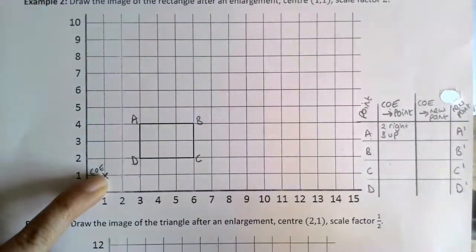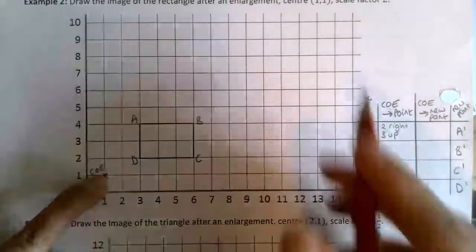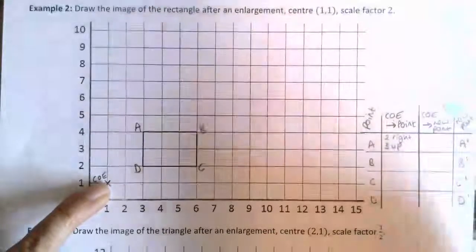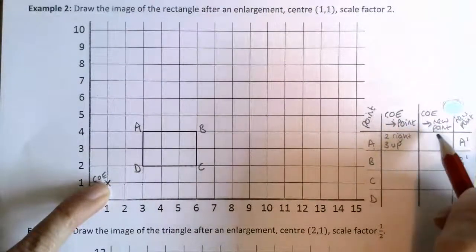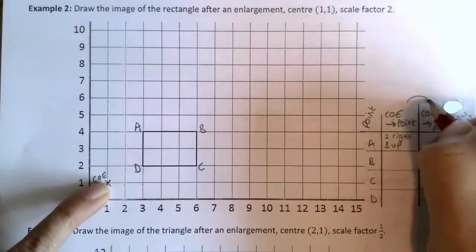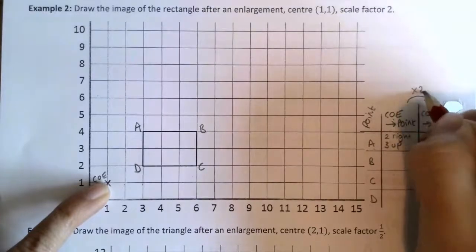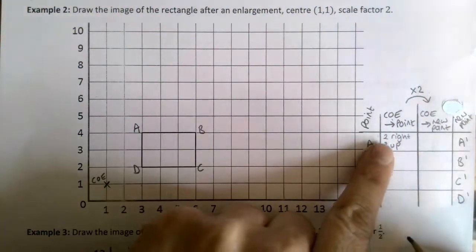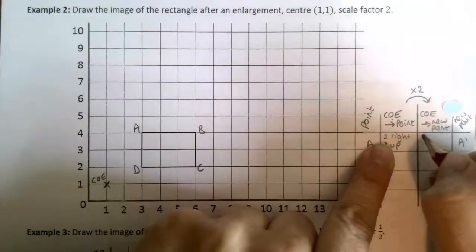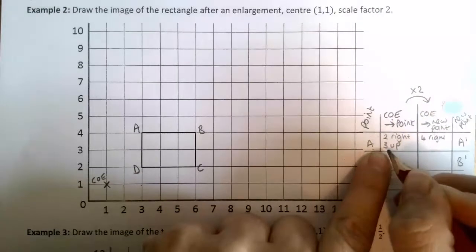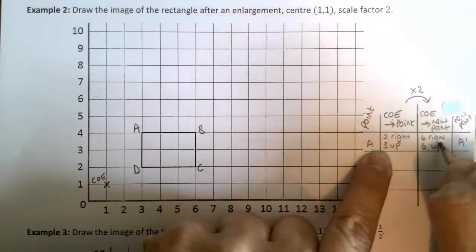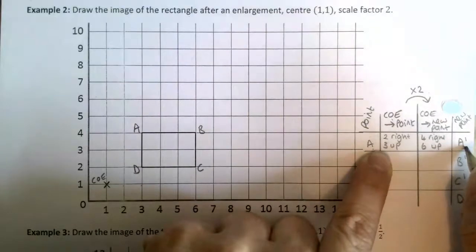Now, if we look back up here, our scale factor is 2. So to get from our centre of enlargement to our new point, we have to multiply everything by 2. Instead of going 2 to the right, 2 times 2 is 4, so that's going to be 4 to the right. And instead of going 3 up, 3 times 2 is 6, so that's going to be 6 up, and that gives us where A dash is.